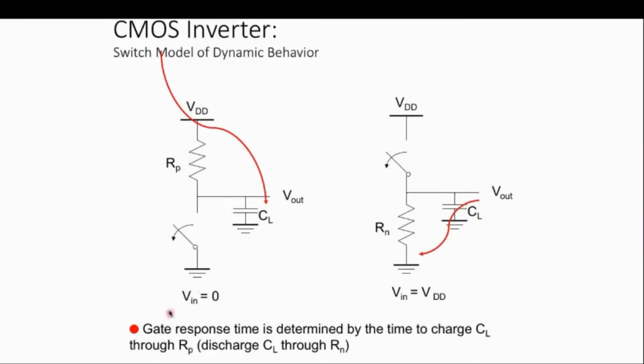How fast your device is actually responding, that is being determined by the time to charge or discharge your load capacitance. So that depends upon what the load capacitance is. And load capacitance is not the external capacitance you are adding.